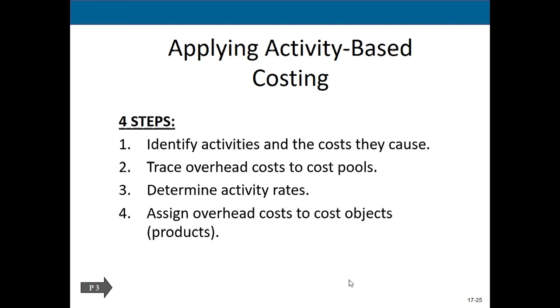We're just going to do a few activity pools. But when you think about all of the different things that can happen in a warehouse or in a factory, there could be hundreds of different activities that have the same type of base. Well, for the accountant, it's very difficult to apply a predetermined overhead rate to hundreds of different activities.